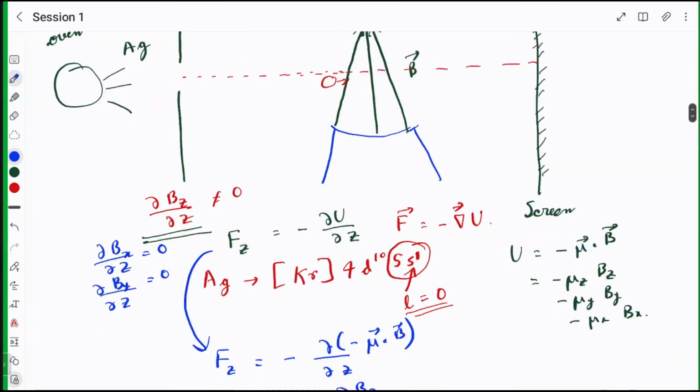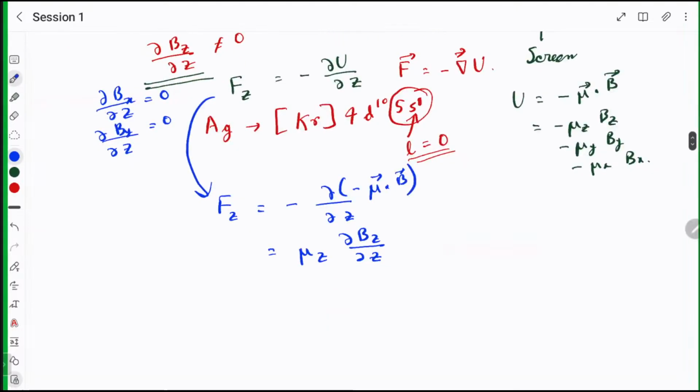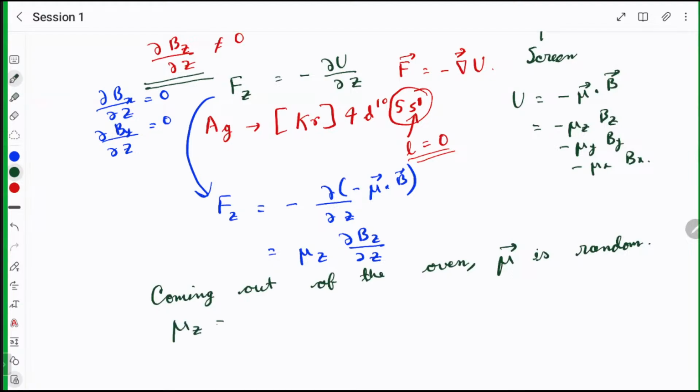So basically, what I'm trying to say is that coming out of the oven, the mu vector is random, and mu z is just the z component of the magnetic moment.